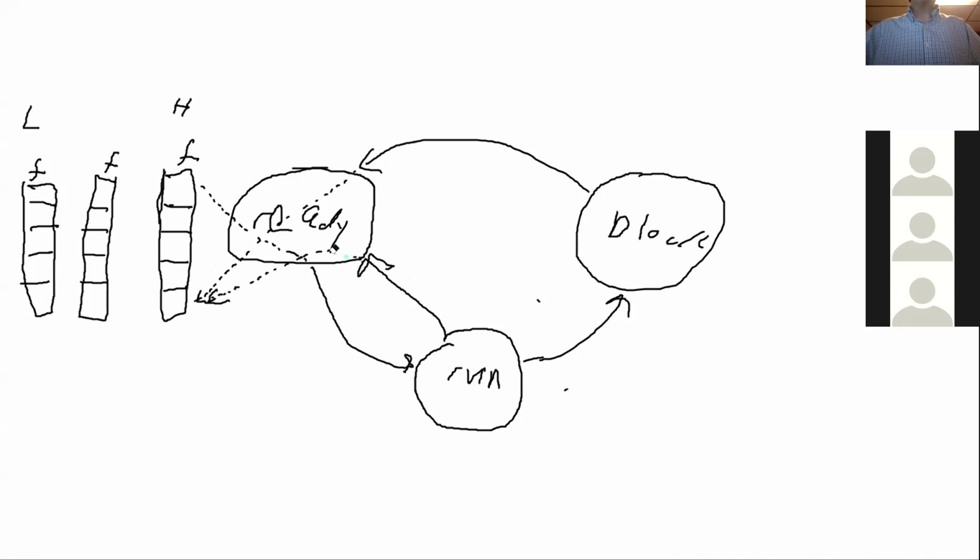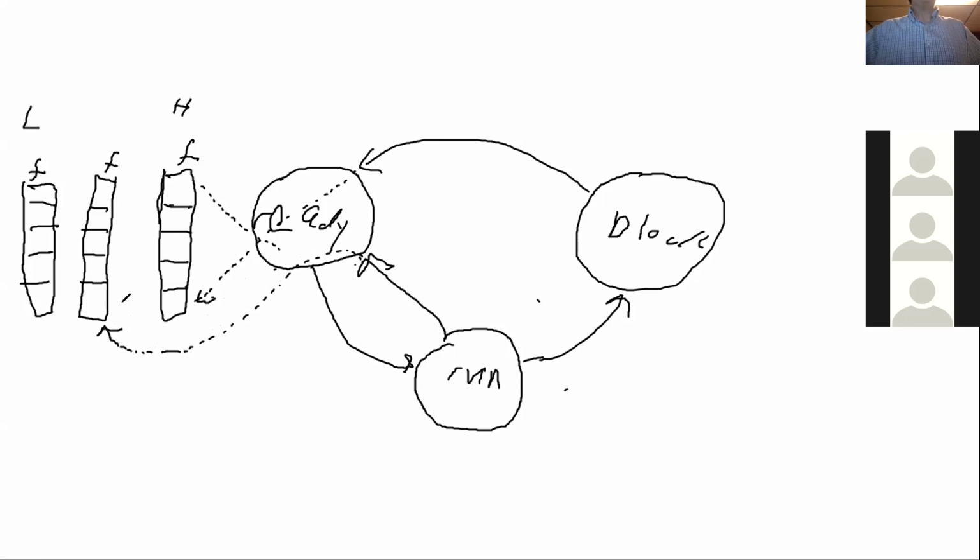If you enter the ready queue this way, you should be bumped down to the lower priority queue. You will go into this queue.